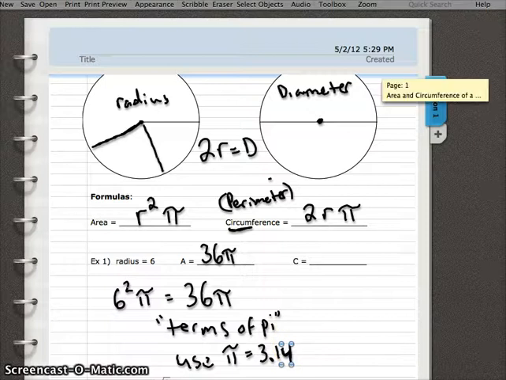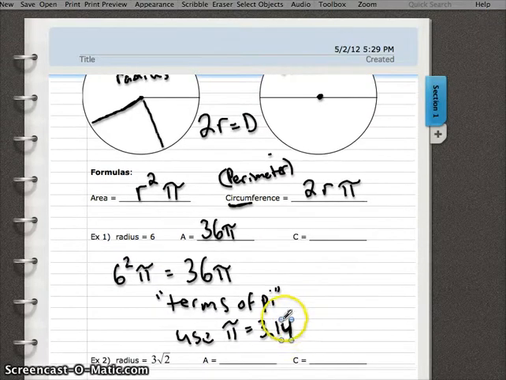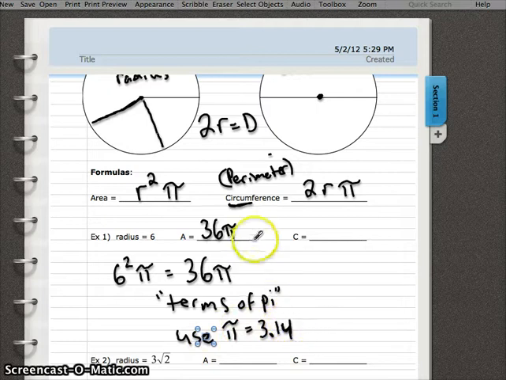And there are actually contests to see who can memorize the most numbers in pi. And I believe some people have gone over 100 decimal values, just memorized that many values of pi. It's pretty crazy. So if it says use pi equals 3.14, then actually do the multiplication and get your decimal value. If it says in terms of pi, leave it as the symbol.